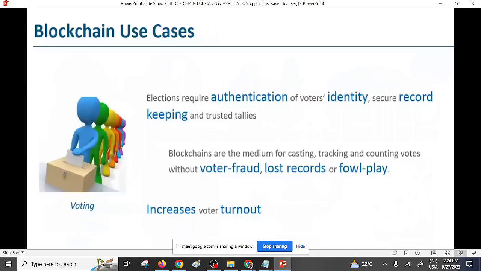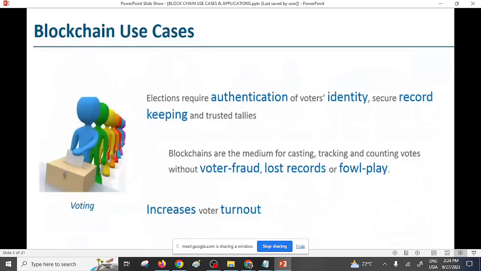Right from when the user gets to pick a particular candidate and place their fingerprint somewhere, all those particular tasks can be reinforced securely using this technology.